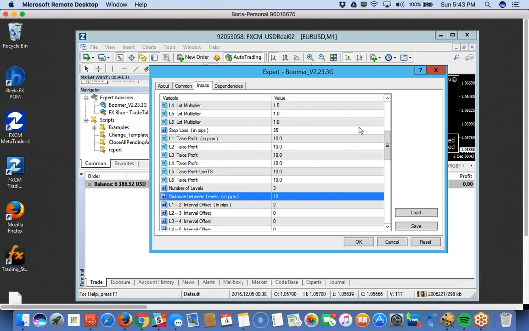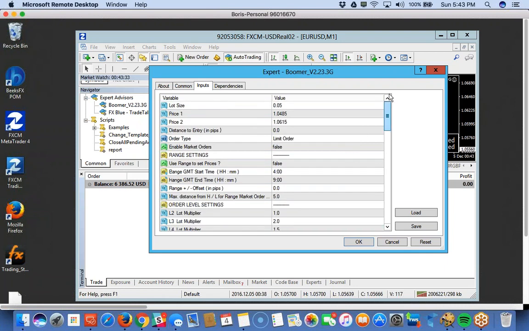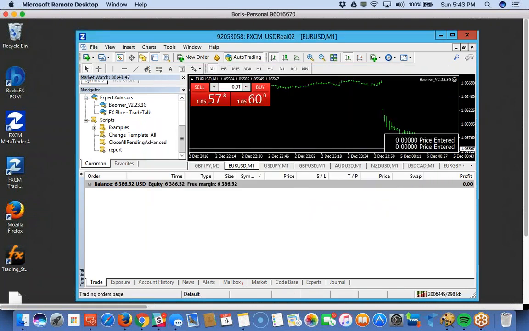This is the Boomer Classic structure, except instead of setting up the prices, in order for me to save it as a template, right? As I want to save it as a template, I'm just going to leave these values as 0. I'm just going to set it as a template, right? And if I make this template, okay, I say okay, you can see that the euro is coming down.